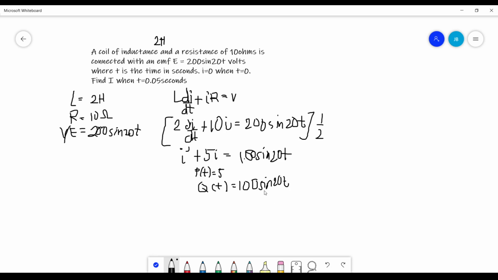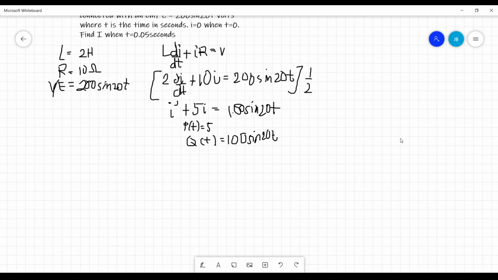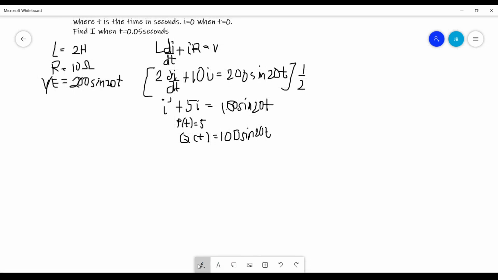Okay, so you can now get your integrating factor, I hope you still remember this. The integrating factor, which is I of t, is equal to e raised to the integral of P of t, which is 5, dt. That's equivalent to e to the 5t.